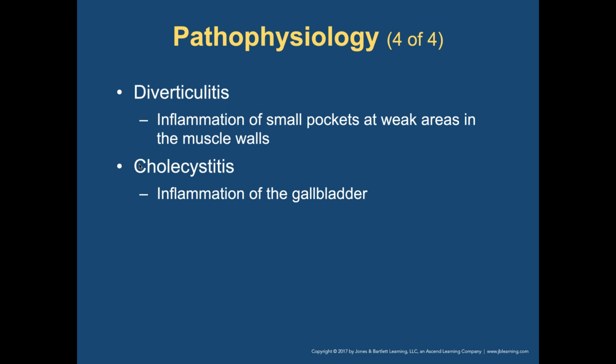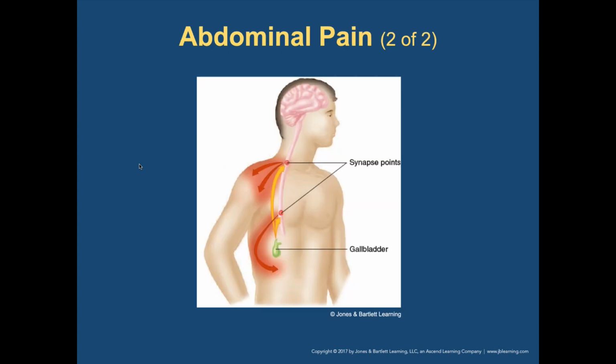Acute appendicitis. This is the big one that a lot of times we want to try to catch in the field. The patient's temperature may be within normal limits. The body's not going to see this as an infection. However, the pain will be very, very severe.